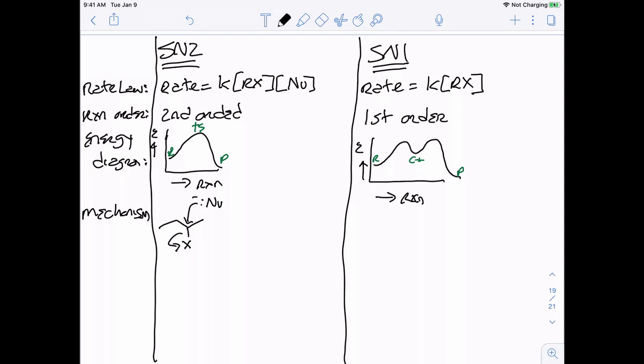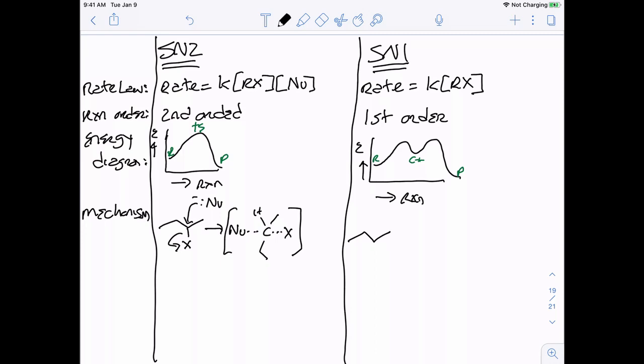It's concerted. So that nucleophile is adding at the same time that my leaving group is leaving. Because of that, it has to happen via backside attack. So my nucleophile needs to be opposite to that leaving group. And then that would get me my substituted product.